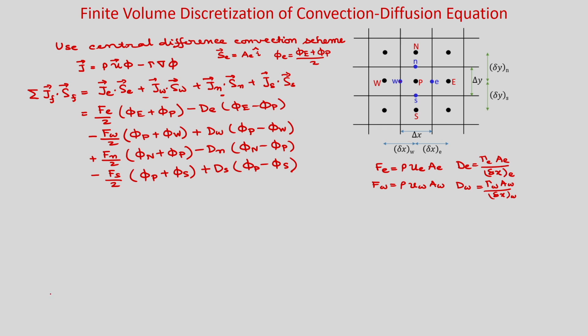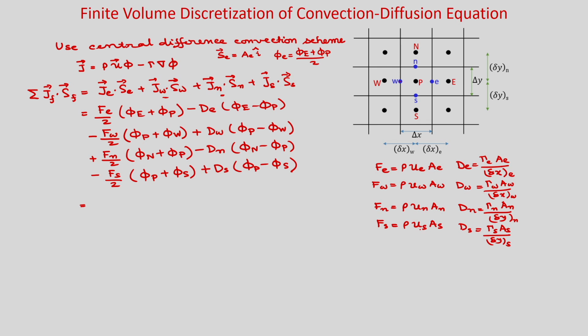Okay. So, now rearrange it. Here F_n is rho u_n A_n and D_n is gamma_n A_n by delta y_n, okay, and A_n is in this case delta x, and F_s is rho u_s A_s and D_s is gamma_s A_s by delta y_s.